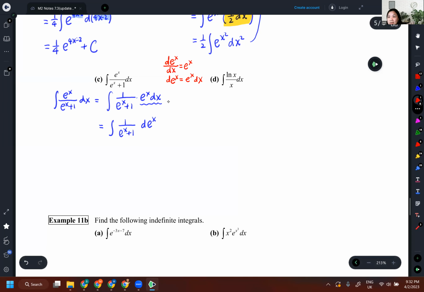I have to add 1, otherwise I cannot do it, because later on you know that this part is 1/u du, which equals log u. Now remember, this is another formula. Perhaps you have forgotten.